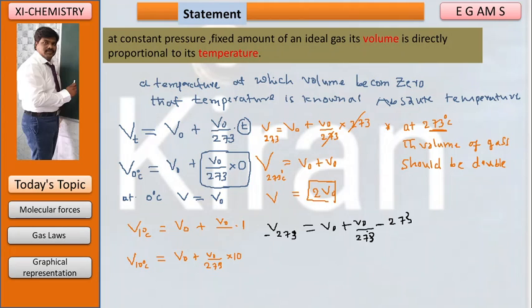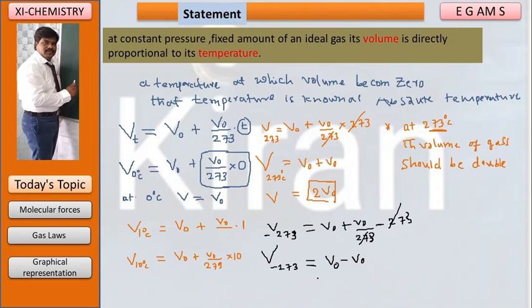So this 273 and this 273 get cancelled. Now I am writing the equation V naught, this minus into plus, this should become minus V naught. At what temperature? The volume of a gas at minus 273 degrees centigrade temperature.